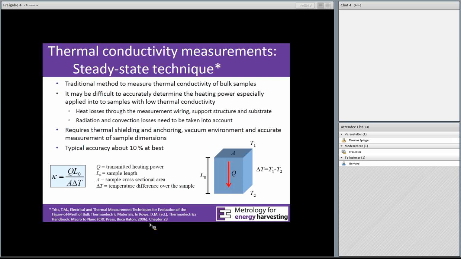So this method needs a quite well-engineered experimental setup in which there's good thermal shielding and good thermal anchoring. Typically, a vacuum environment is required, and also the sample dimensions need to be determined accurately. And typical accuracy with this technique is about 10% at best.